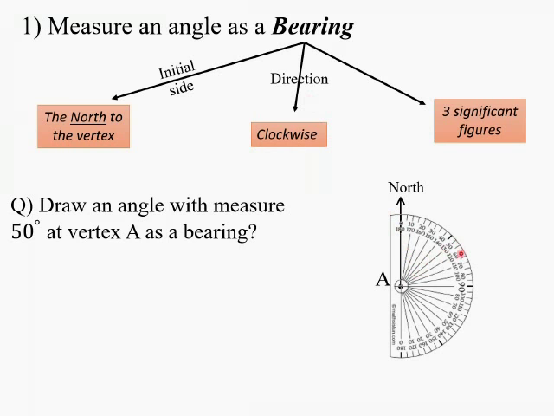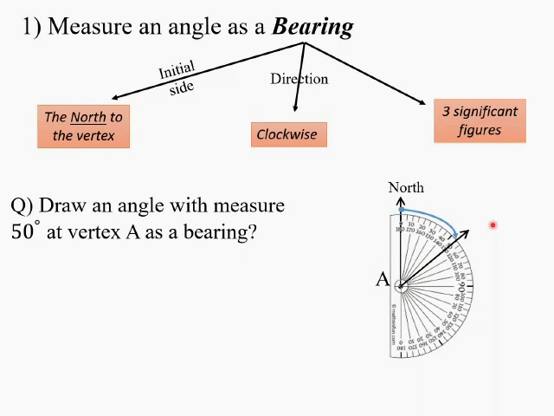We must start from the north, as I told you, and then go clockwise till we reach 50, and then draw the final or the terminal side. Again, please, starting at A, look at the north. Imagine that you want to turn your eyes till you reach 50 degrees, and then this is your terminal side.